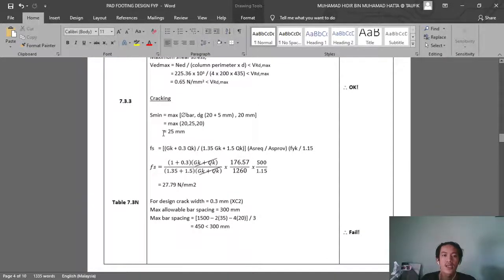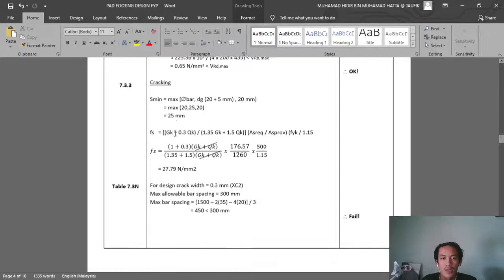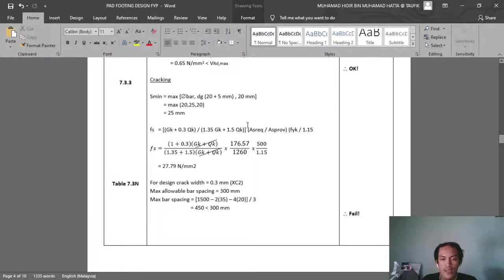And then cracking. For the cracking, as mean, we need to find the maximum value between these values. Okay, and then the diameter bar we need to add 5 dg, and also 20, and then 25 is the larger, the maximum. Then we need to calculate the fs using this formula.